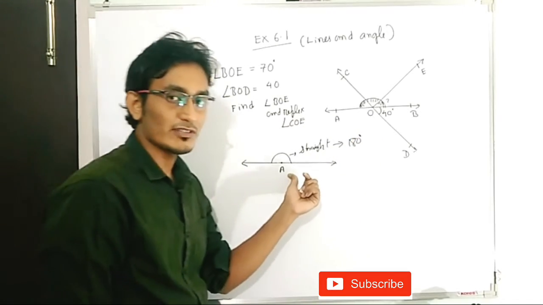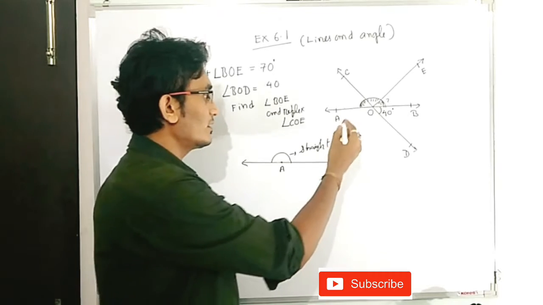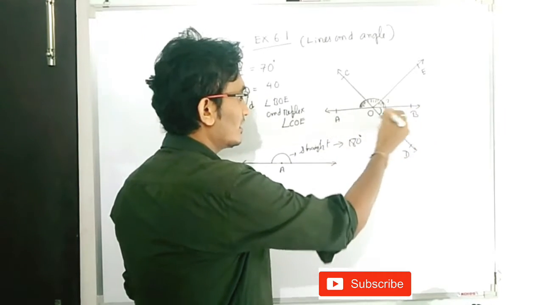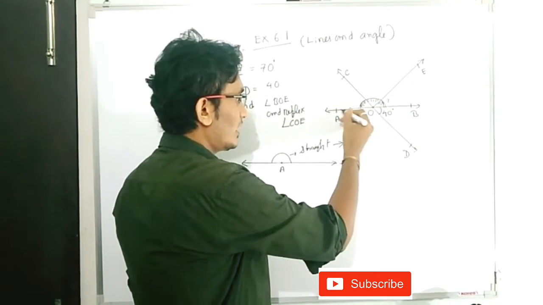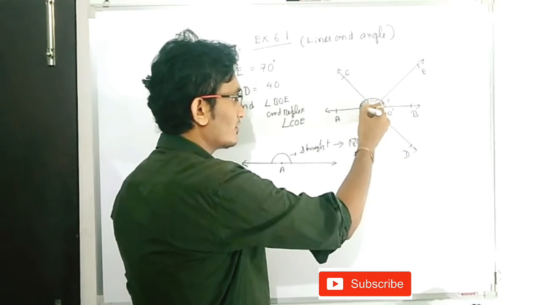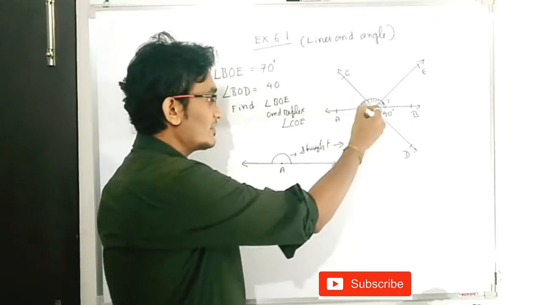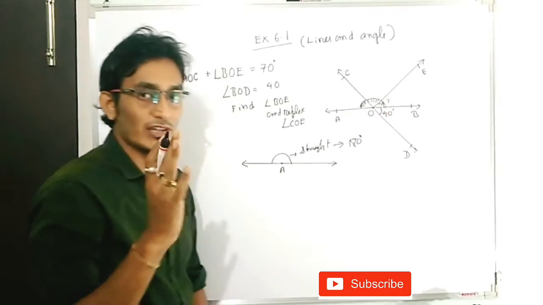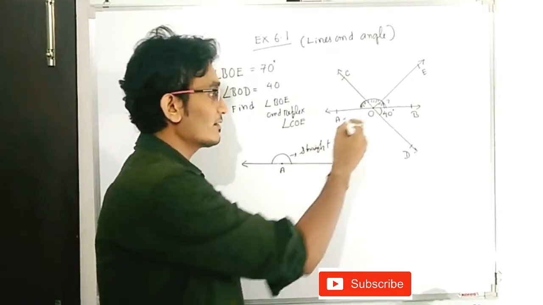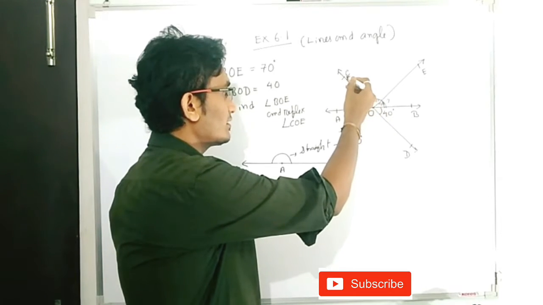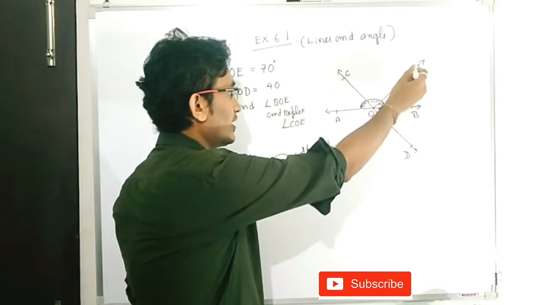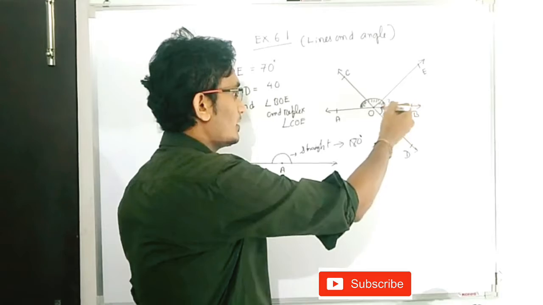Exactly the same concept we need to use in the given figure. Here, at point O, AOB forms a straight angle, and this straight angle is divided into three angles. What are the three angles? AOC is one angle, COE is another, and the third one is BOE.